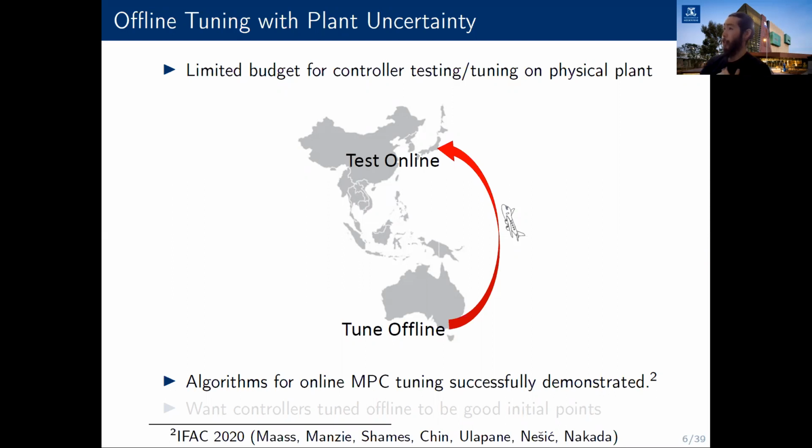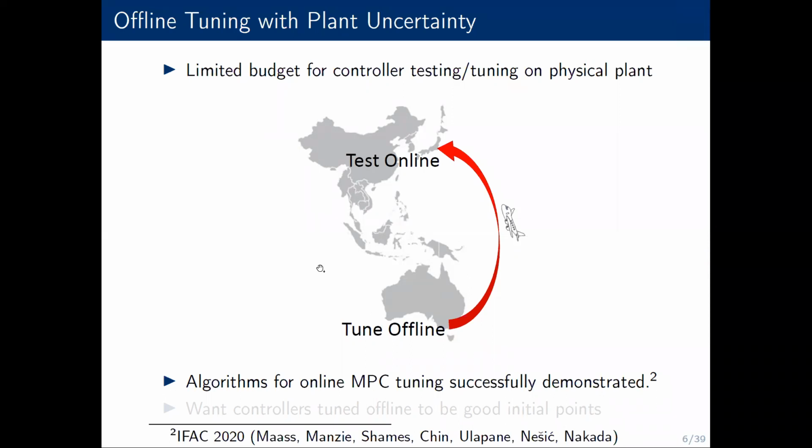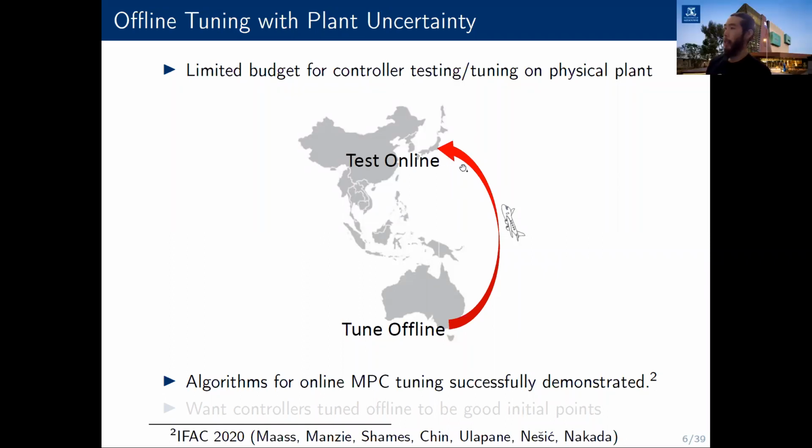And this is especially true in our experience, where we have maybe 1 week booked in Japan to do testing, but we have a few weeks or months before that in advance where we can perform some offline tuning through simulation. So it makes sense to make use of that offline tuning time to tune some controllers to then take on to the physical plant to test when we get to Japan.